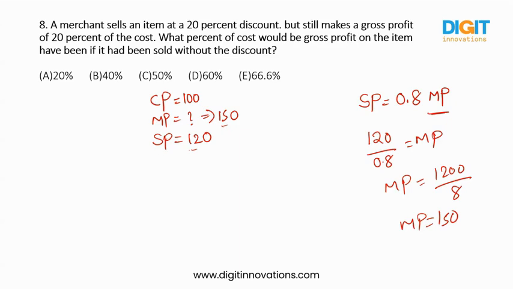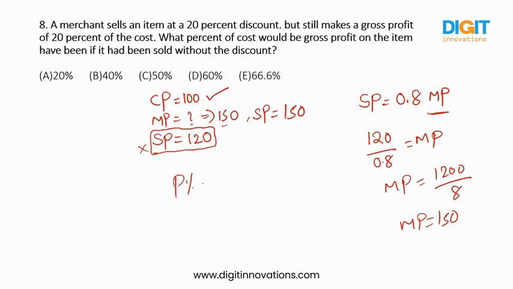So they're asking what if they don't give the discount. That means the discount should be removed. So cost price is 100 and the selling price should be 150, the market price only. Without giving a discount, what would the total profit be, they're asking.